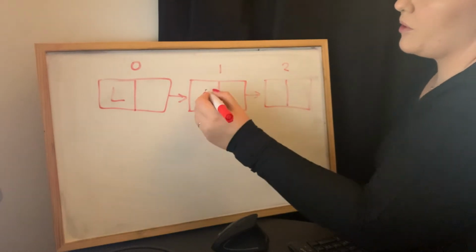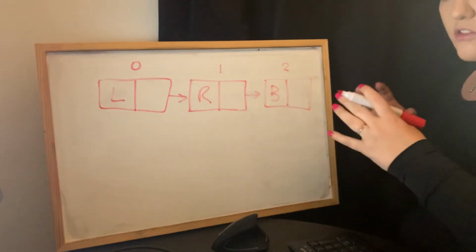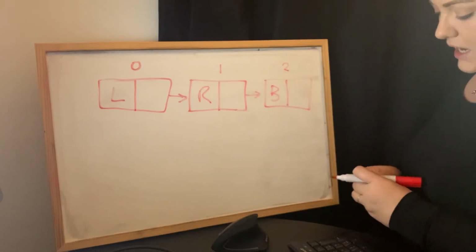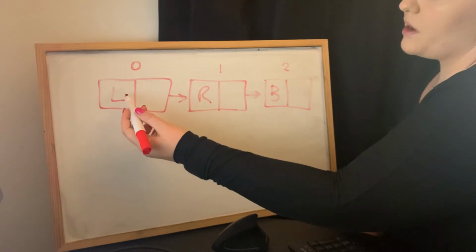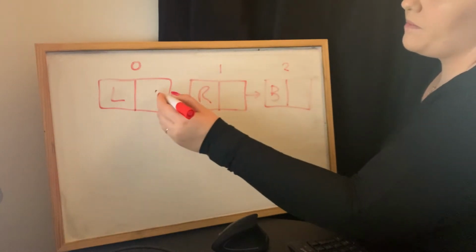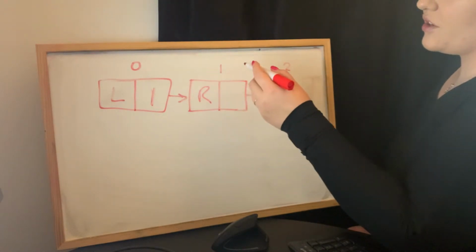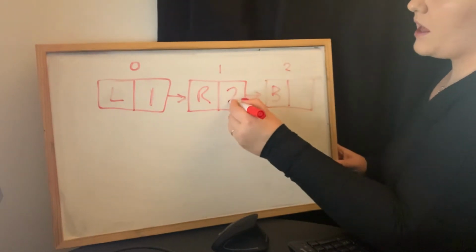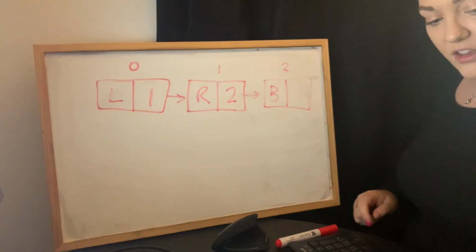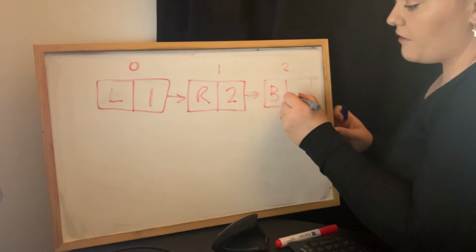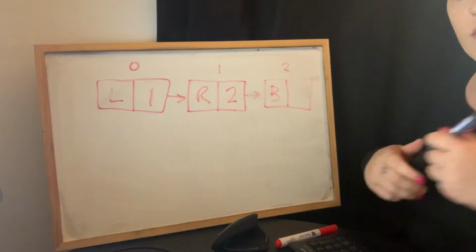So if I take, for example, L, R and B, and this list is just imported as it is right now, then L is going to point to index position 1, R is then going to point to index position 2, and B is going to point to null, because at the moment there is nothing in there.